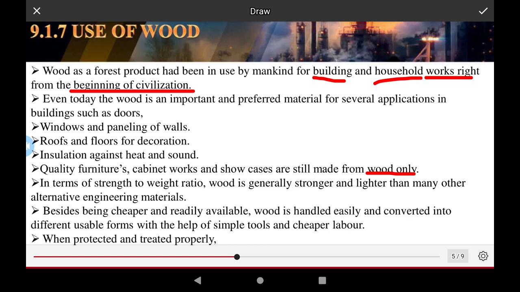In terms of strength to weight ratio, wood is generally stronger and lighter than many other alternative engineering materials.